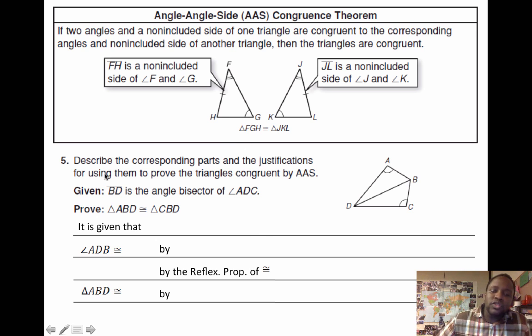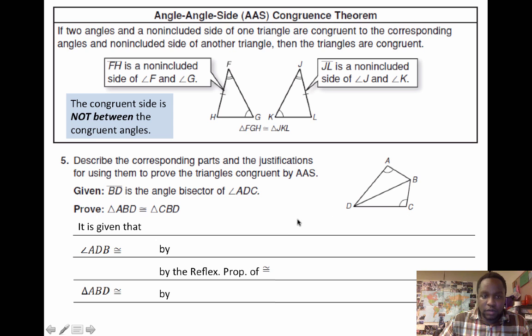So here, describe the corresponding parts and the justifications for using them to prove the triangle is congruent by angle, angle, side. So in this situation, it's given that BD is an angle bisector of angle ADC. It's also given that these angles are congruent.